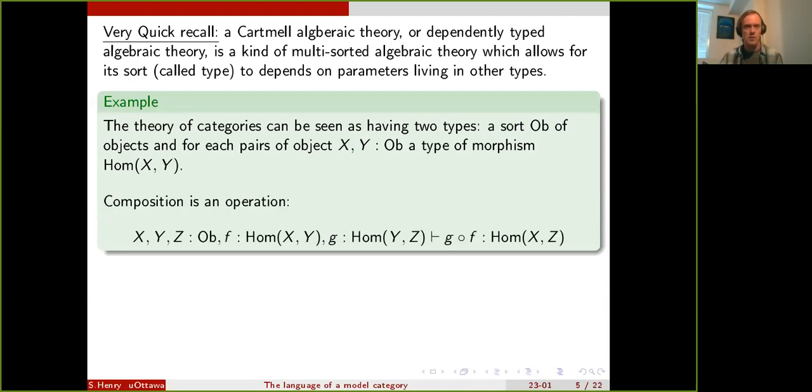But with this point of view, I can see composition as a totally defined operation, which just takes two morphisms in the correct arity and gives their composition that is also in the correct arity. So just the typing of the composition already gives you the source and target relation on the composition operation.